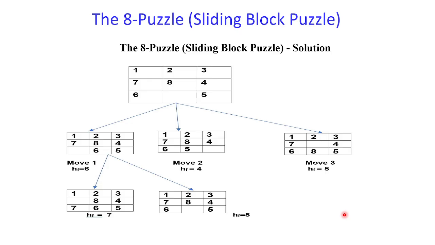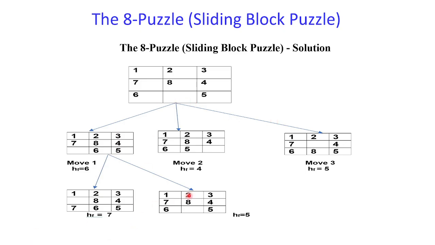Each intermediate step represents a legal tile movement. The AI searches through the state space using the heuristics algorithm to find the most efficient path from start to goal state.